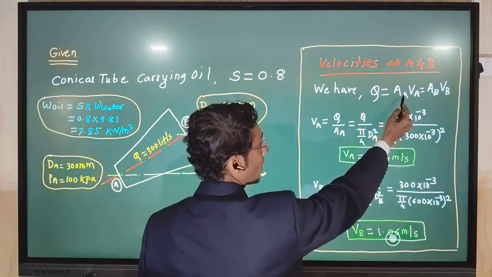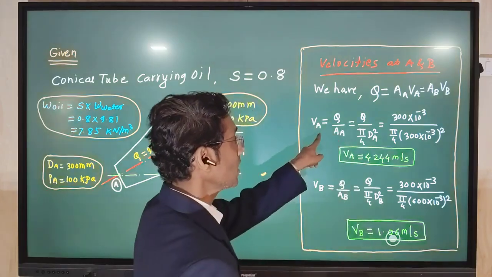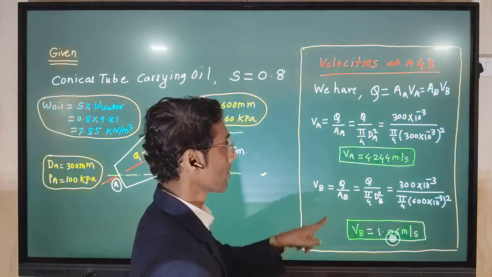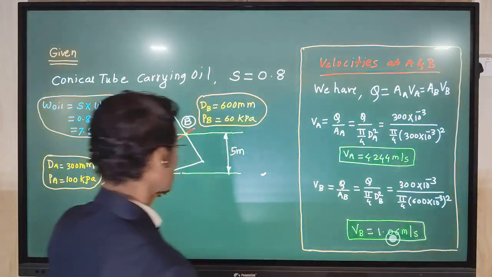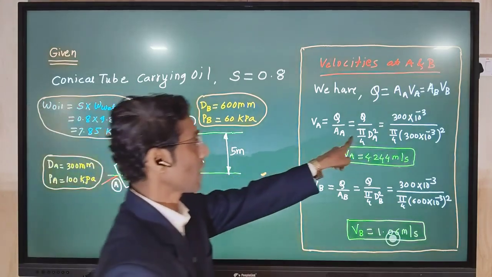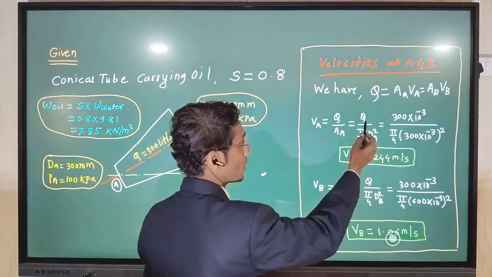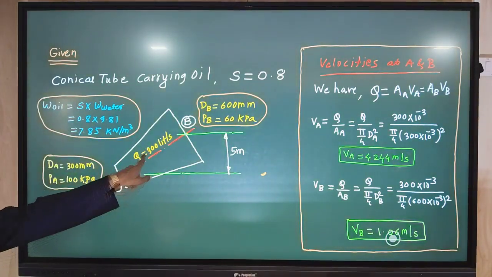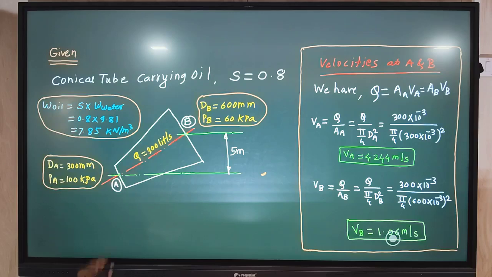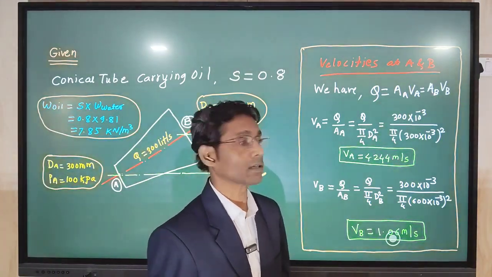This formula we can modify and write in the form of velocity. V_A is equal to Q upon A_A. A_A, the area of this tube at section A, is pi by 4 into diameter A square. Discharge in the pipe is given as 300 liter per second. We take discharge in the numerical in meter cube per second.